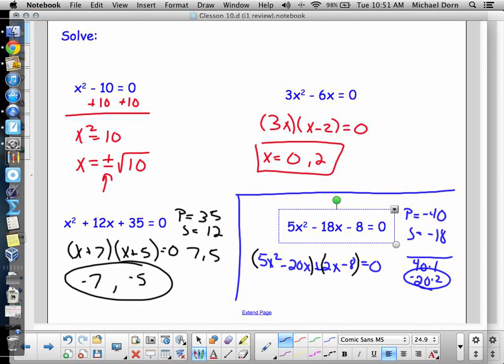We group it. Common factor? 5x, leaving me x minus 4, plus, because it's plus there, x minus 4. So 5x plus 2 times x minus 4 equals 0.